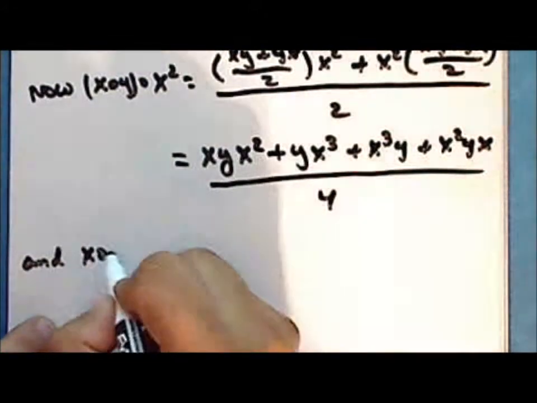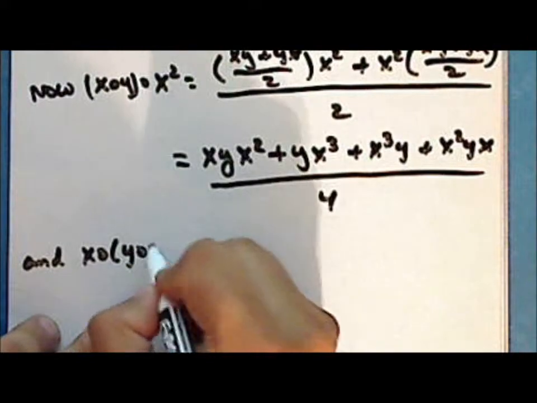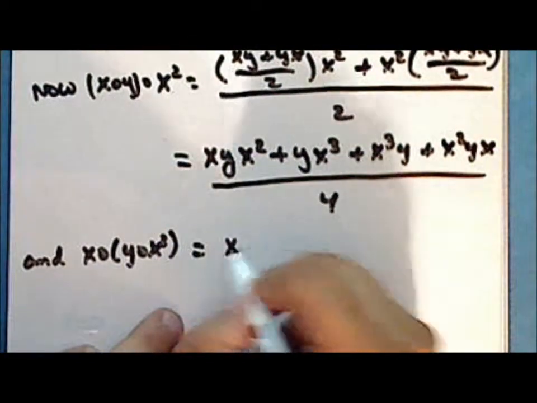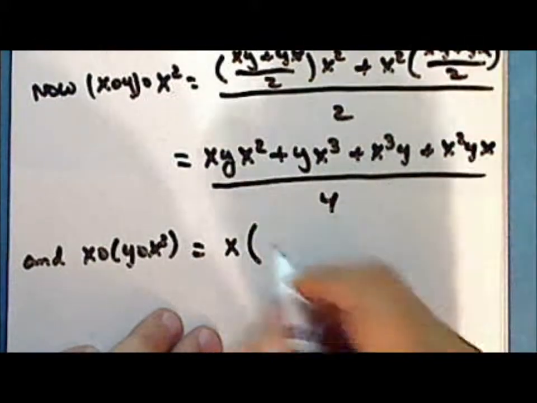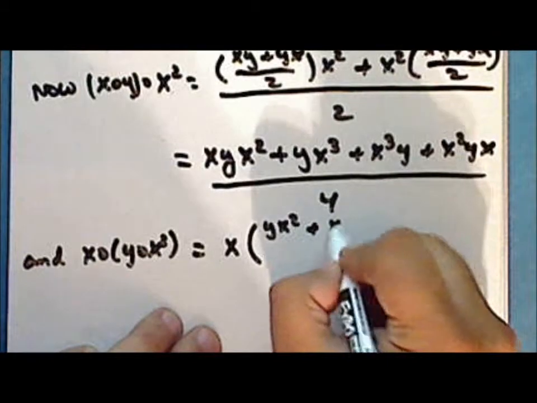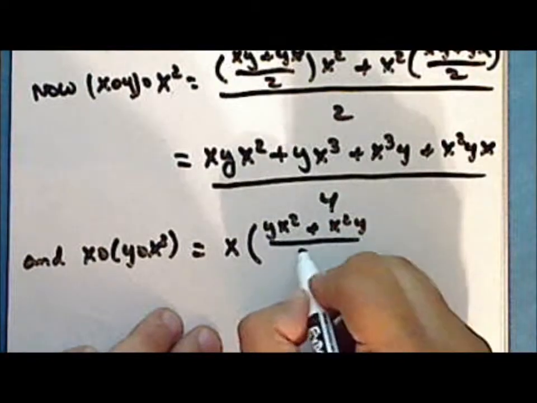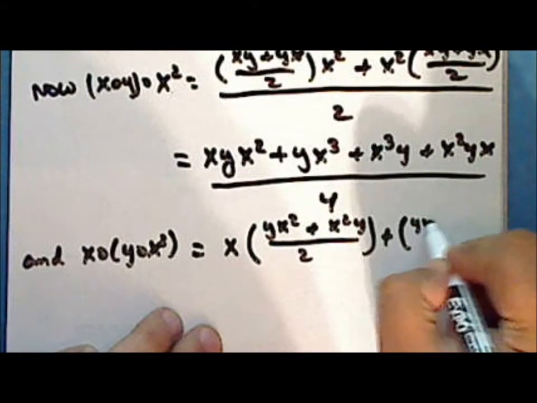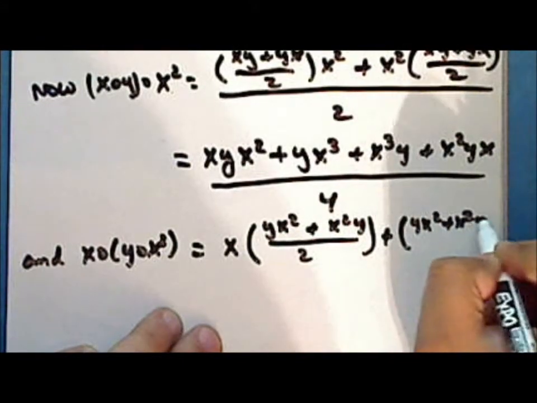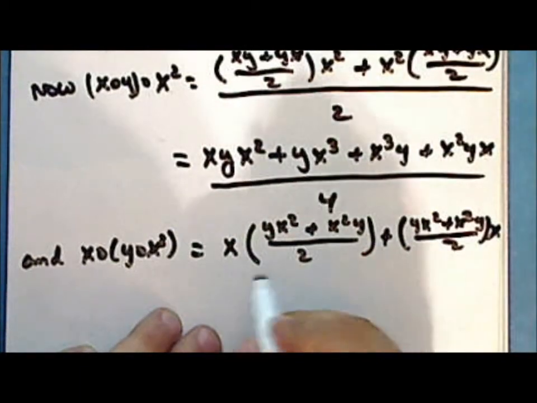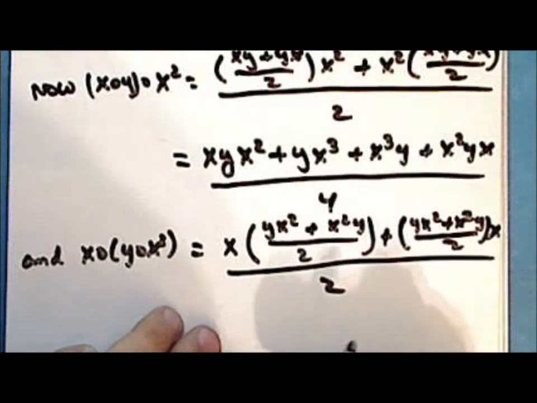And x circle the quantity y circle x squared is x times the quantity y times x squared plus x squared times y over 2 plus the quantity y times x squared plus x squared times y over 2 times x, all of which is divided by 2.